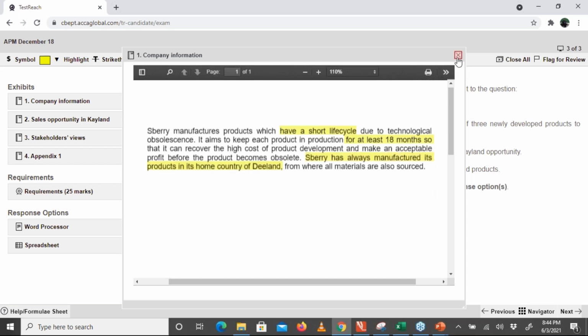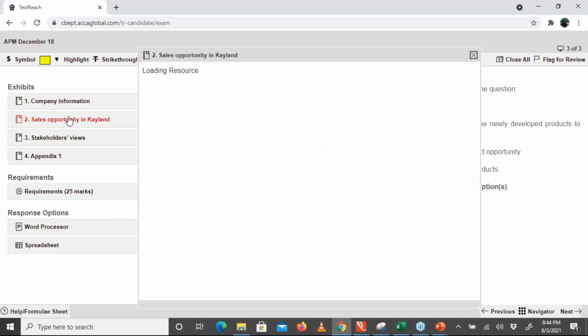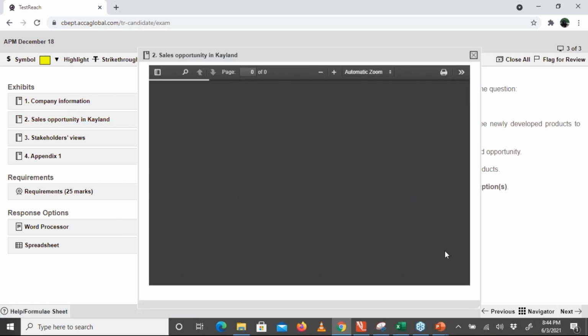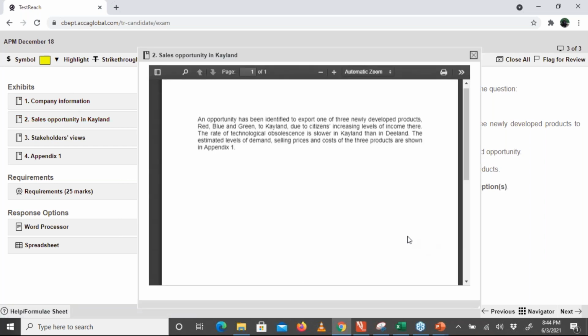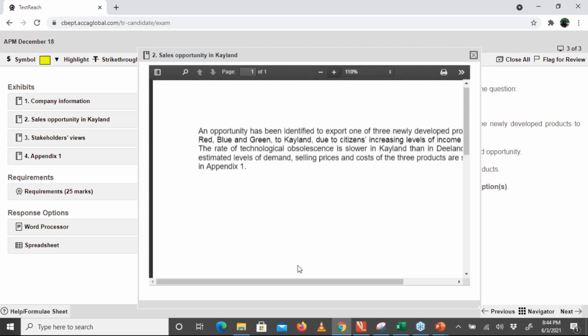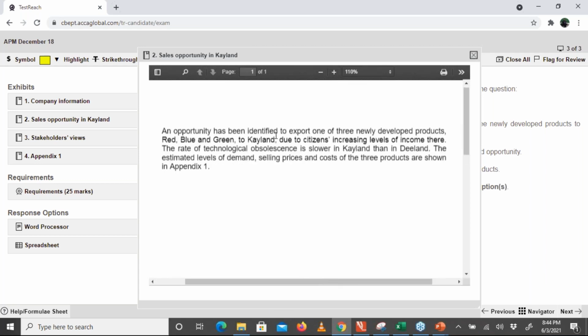Now, what next is there? It says the sales opportunity in K-Land. What exactly is the sales opportunity in K-Land? Let's try to have an understanding. An opportunity has been identified to export one of the three newly developed products, red, blue, and green, to K-Land due to citizens' increasing level of income there.